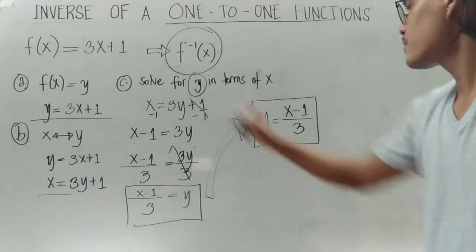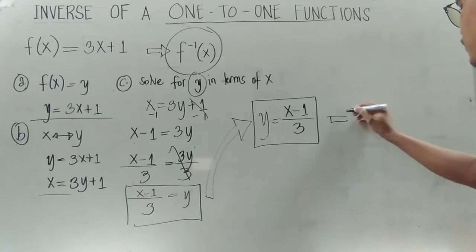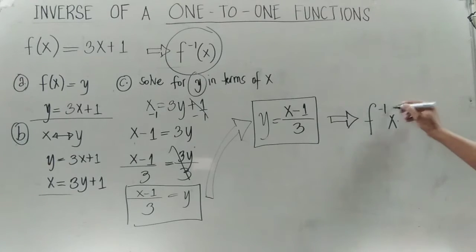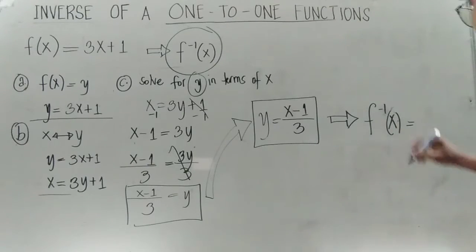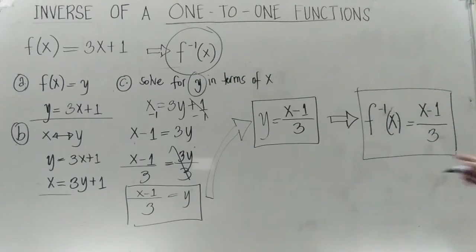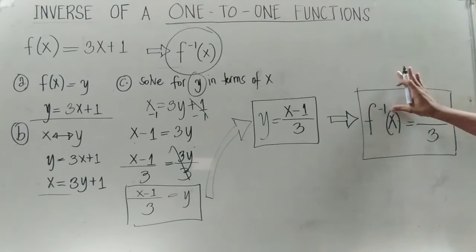So y is this one. Just copy your function. The inverse of f of x is equal to this one. Okay? So very easy. So that is your first example.